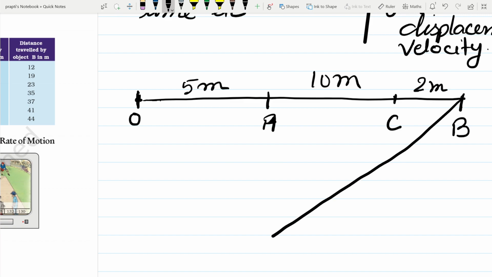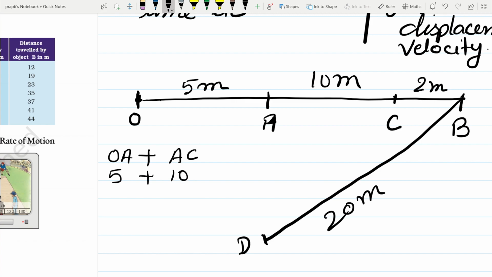From B to point D, it is 20 meters. Now the object moved from O to A 5 meters, from A to C 10 meters, from C to B 2 meters, and B to D 20 meters. So the total distance covered by the object is 37 meters.